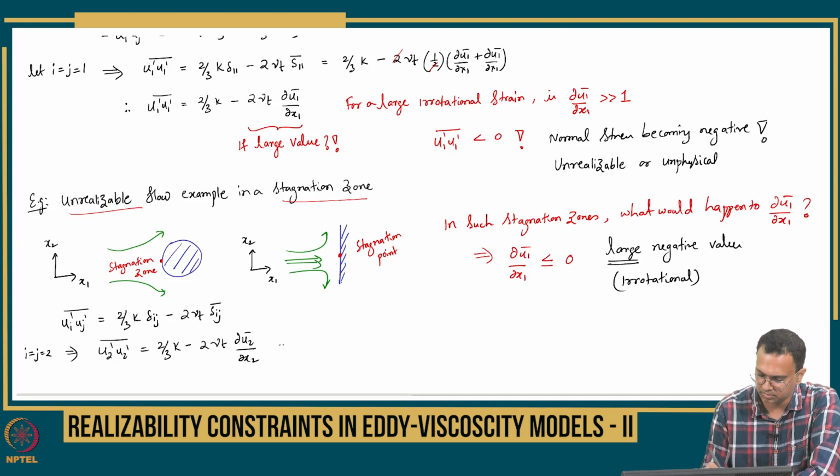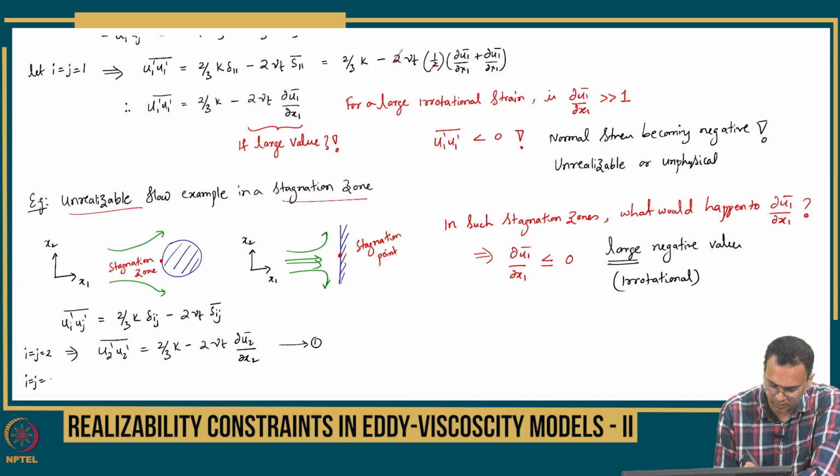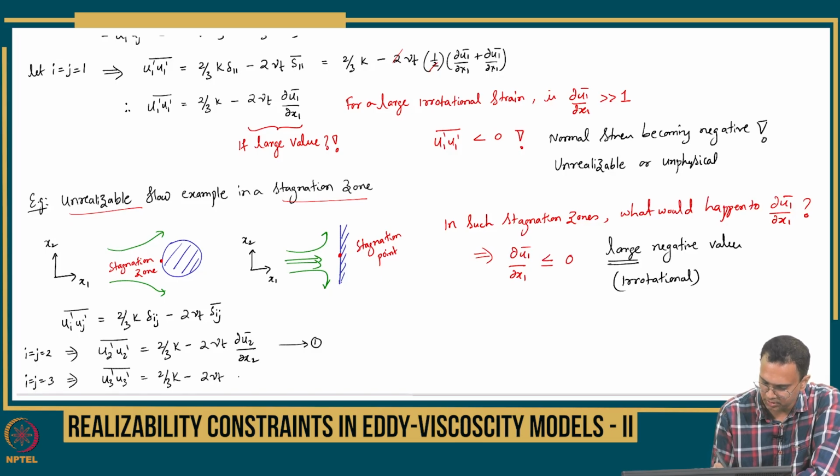This will be one equation, let's say. Similarly, I have i equal to j equal to 3. I get u3 prime average is 2/3 k minus 2 nu t ∂u3 bar by ∂x3.